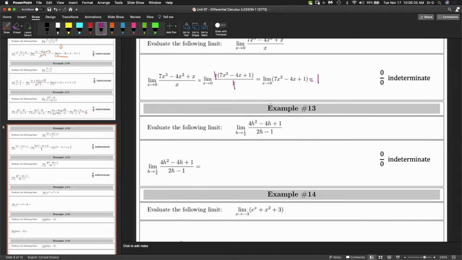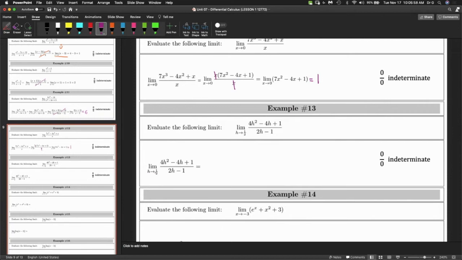So factoring is the way to go for most questions, at least the ones you've seen so far, where you have 0 over 0. In question number 13, the difference is that instead of having an x, we have the letter h. So we don't have a variable x. And it doesn't matter what the variable is here.